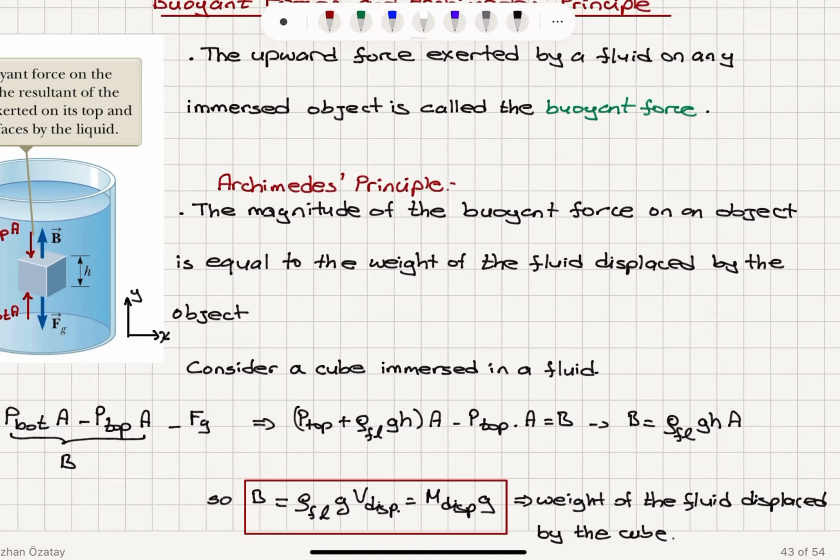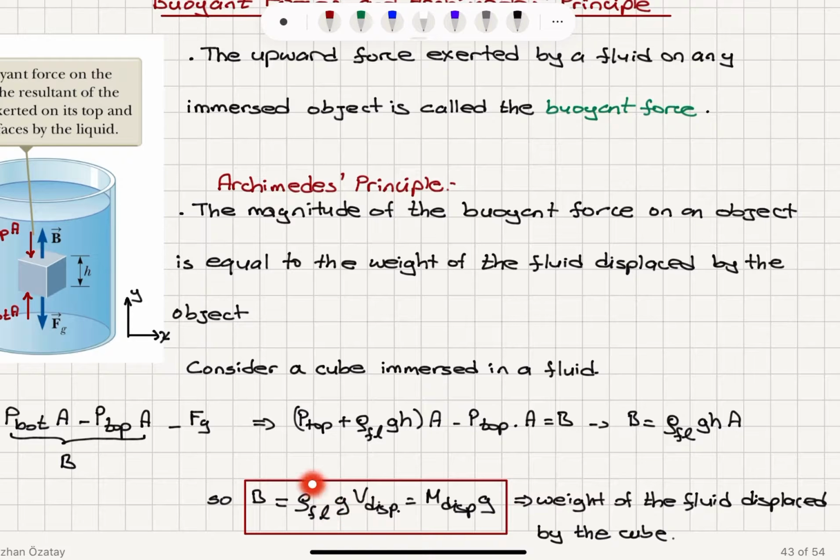Therefore we reach Archimedes' principle. The magnitude of the buoyant force on an object is equal to the weight of the fluid displaced by the object. Normally there would be fluid in this volume and its weight would be rho fluid g h A, and that is the buoyant force.